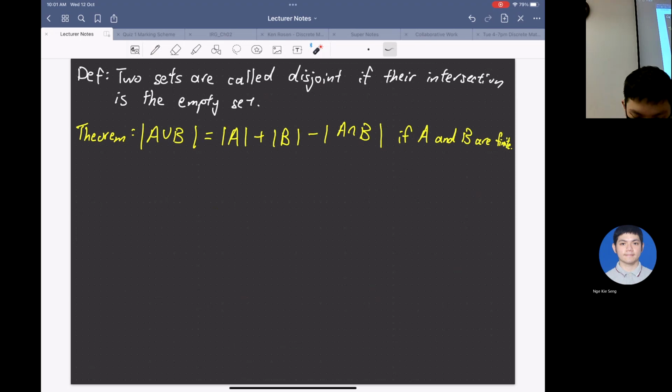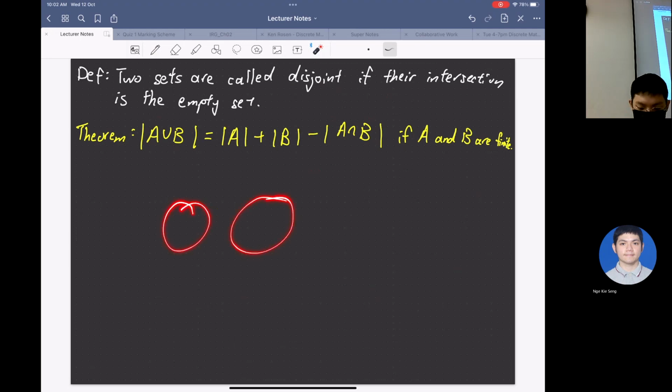Because if the two sets are disjoint, then this number is 0. There's no intersection, so the union is literally just adding up the two sets, like adding numbers, 3 plus 5.